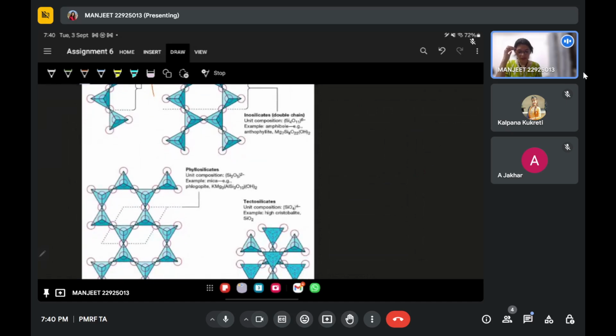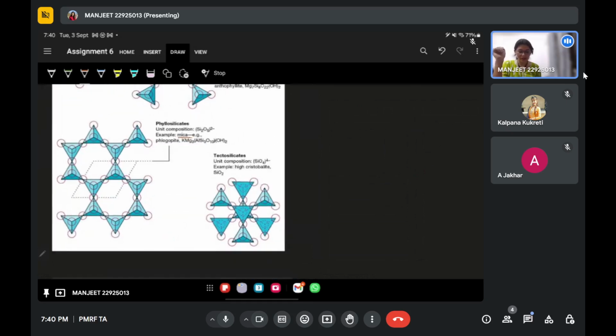Phyllosilicates are arranged in such a way that they form a sheet-like structure. An example is mica, which is also a sheet-like, layered structure.